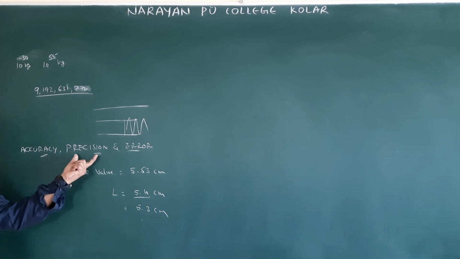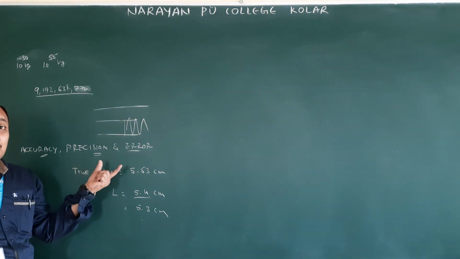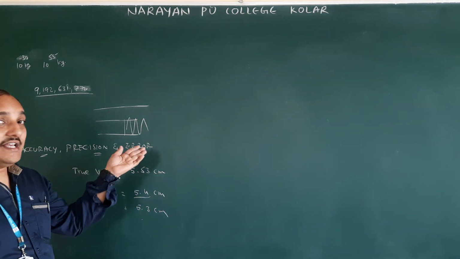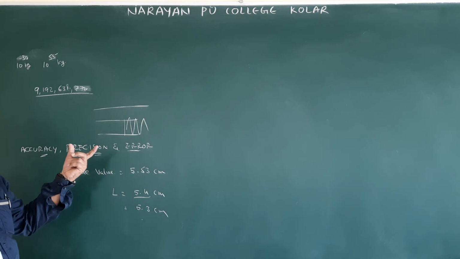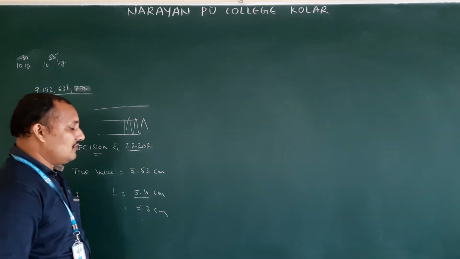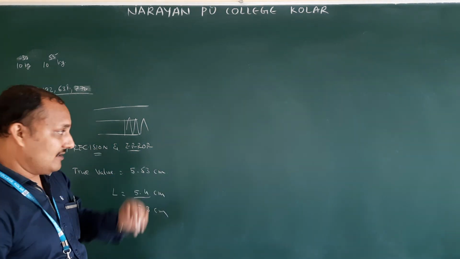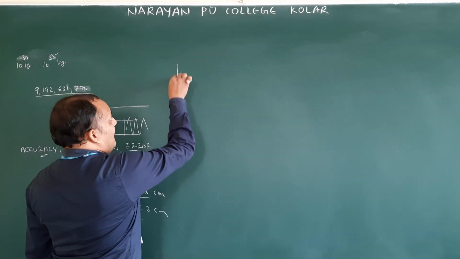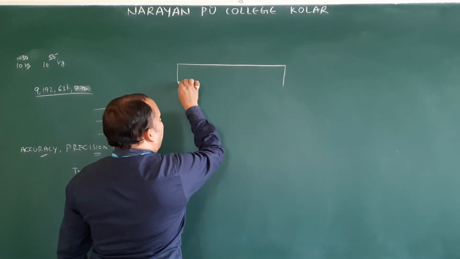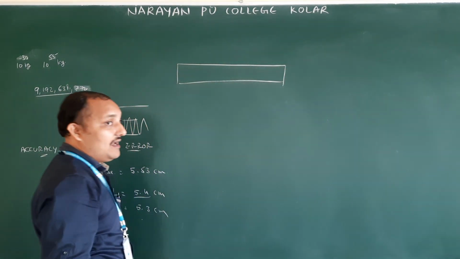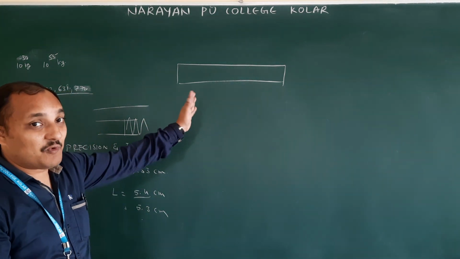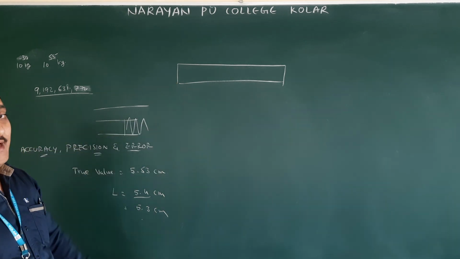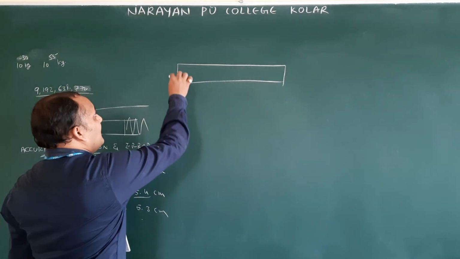Next, precision. This is very, very important. Precision depends on the resolution or limit of the given apparatus or instrument. So what is the resolution or limit? We will see first. One scale is there. This is a scale.